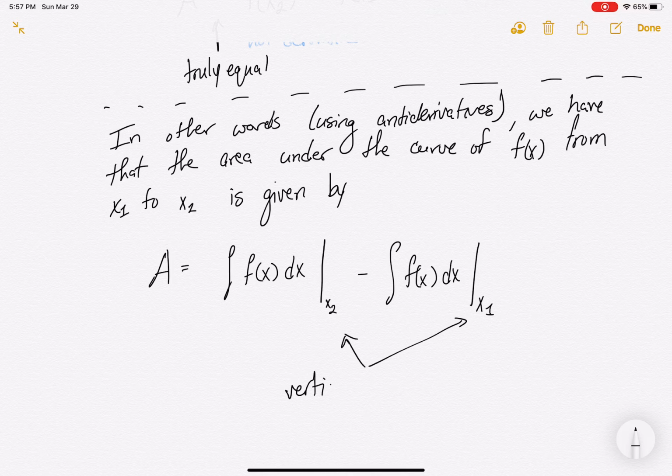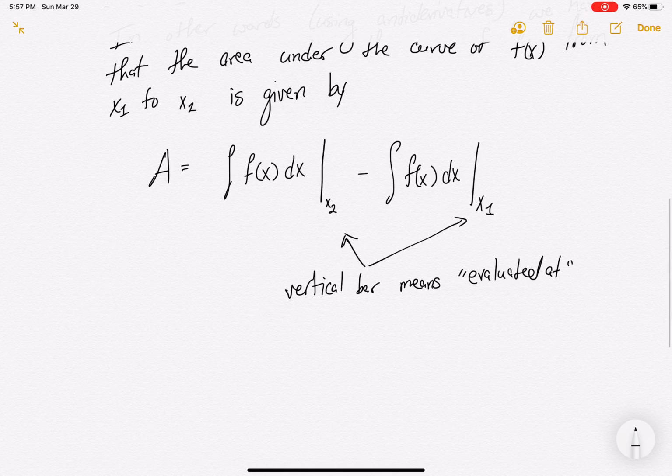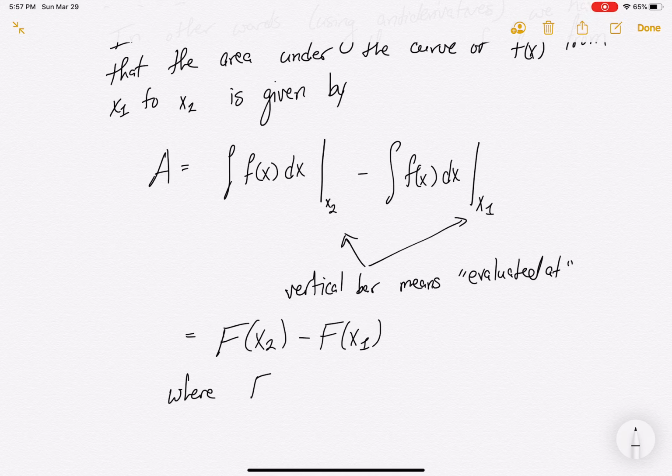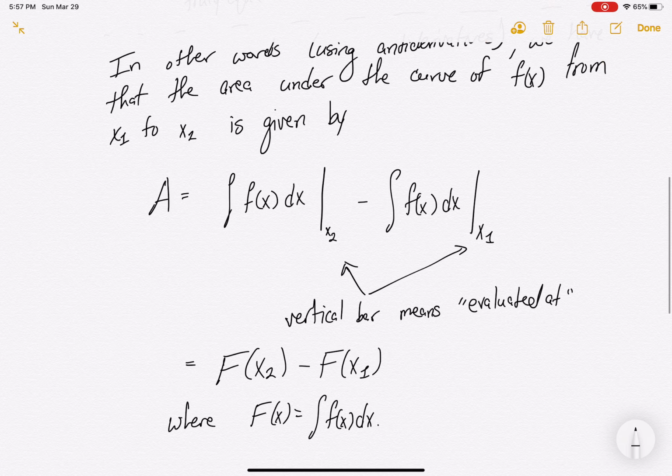So the vertical bar means evaluated at. So that's another way we can write this. Other times you'll see it written as capital F of x2 minus capital F of x1, where capital F of x equals the antiderivative. There are lots of ways of writing it, but they're all saying the same thing.